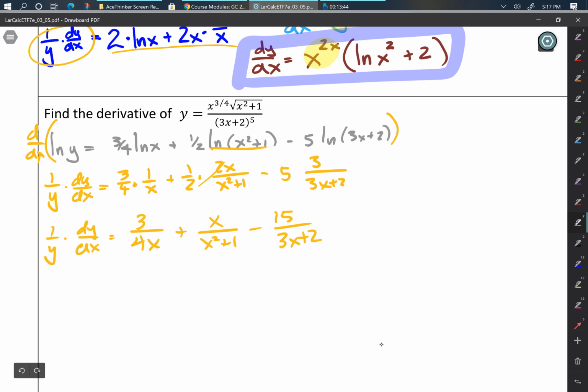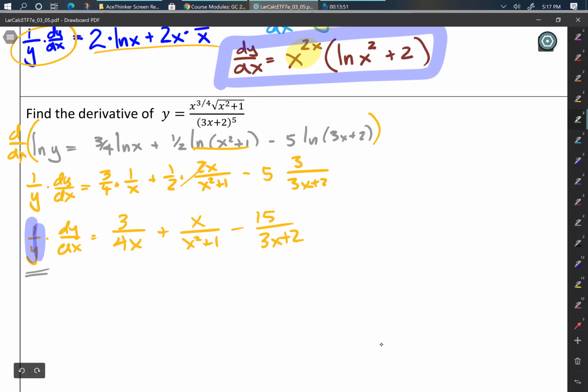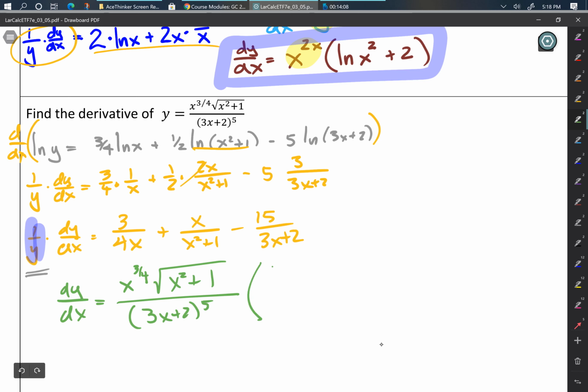Now it's not acceptable as it is because of this y over there, so I have to get rid of that term. So I'll multiply both sides by y, and I get dy/dx is equal to x to the 3/4 times the square root of x squared plus 1 divided by 3x plus 2 to the 5th, times 3 over 4x plus x over x squared plus 1 minus 15 over 3x plus 2.